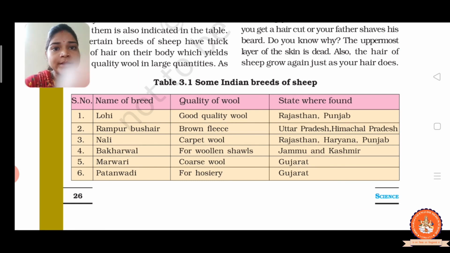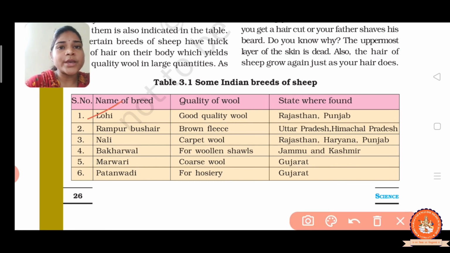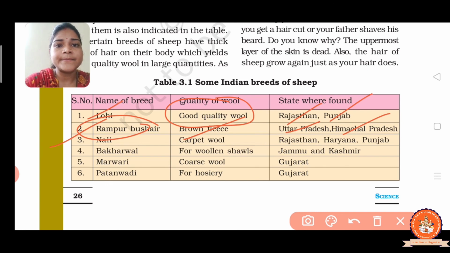For example, the Lohi gives good quality wool and is found in Rajasthan and Punjab. Another breed is Rampur Bushehr, which has brown fleece and is found in Uttar Pradesh and Himachal Pradesh, right?